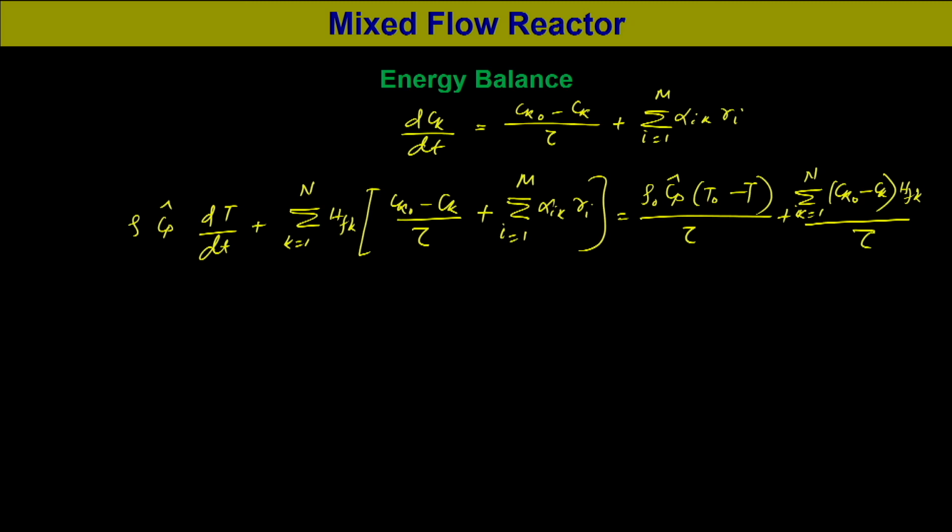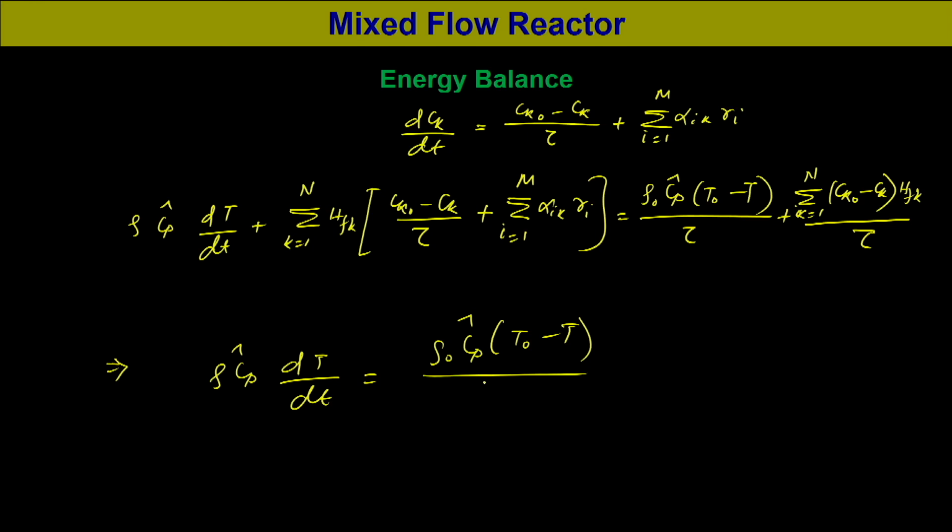Now, the summation term of (C_k0 minus C_k) h_fk by tau cancels from both sides, and using the definition of the heat of reaction, this reduces to ρĈp dT/dt equal to ρ₀Ĉp₀ (T₀ minus T) divided by tau plus summation over i equal to 1 to m of (minus ΔH_i) r_i.